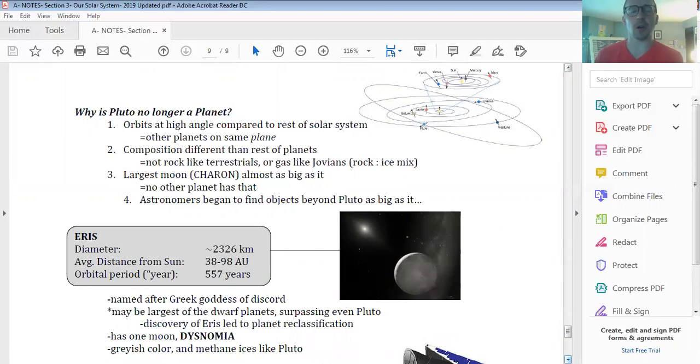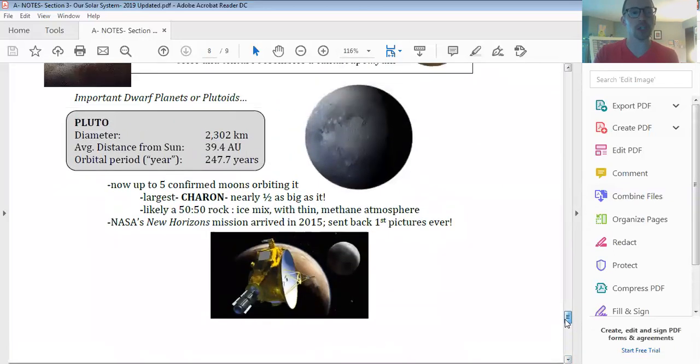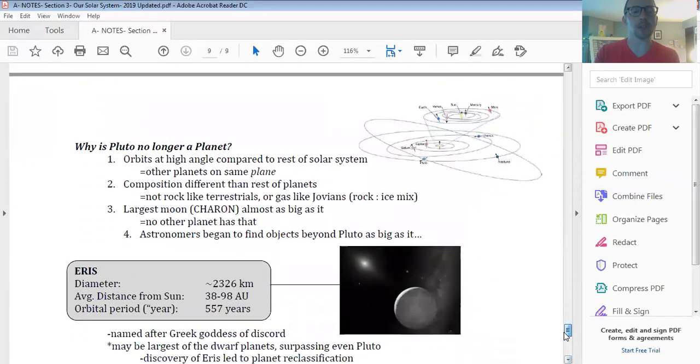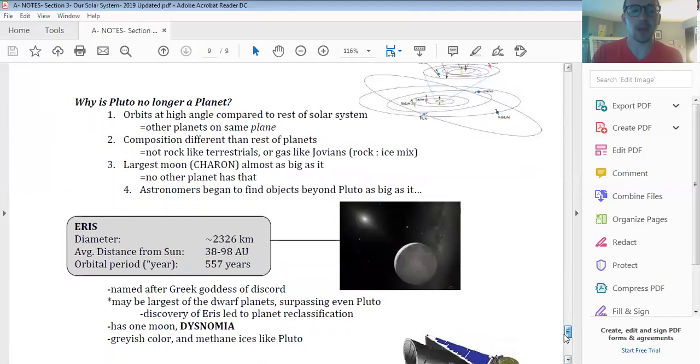But then astronomers a few years later found this object, which was initially dubbed Xena after the character Xena Warrior Princess, played by Lucy Lawless on television, proving once again that most astronomers are kind of nerdy. But then it was officially named Eris, which was the Greek goddess of discord. Now, if you compare the diameter of Eris here to what I showed you for Pluto, notice that Eris is slightly bigger.